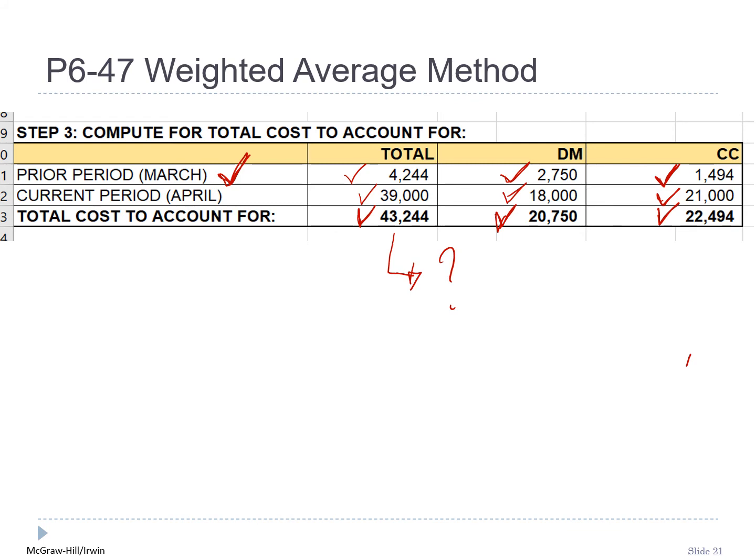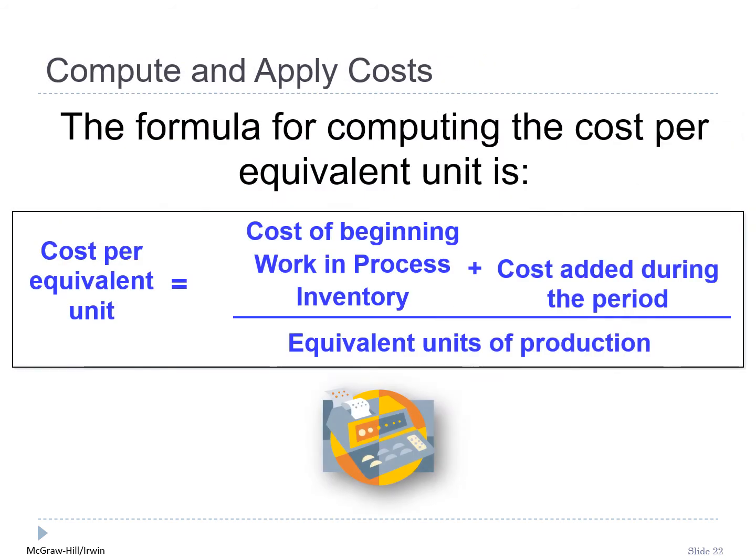Sasagutin niya ng step 5 actually. Next step is to compute for the cost per equivalent unit o yung cost per unit. Yung lang, hindi pwede yung cost per unit nga kasi wala pa tayong, hindi pa natin ma-identify yung actual unit. So, EUP lang muna siya. So, for weighted average, ang gagawin lang natin dyan is yung cost of beginning work in process inventory, i-add lang natin yung cost added during the period.